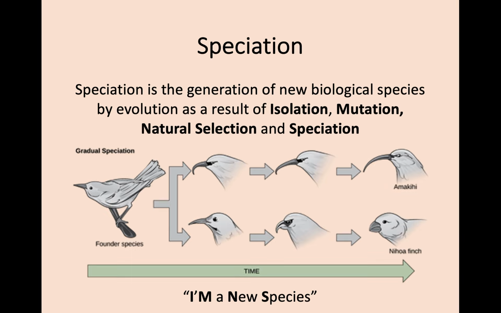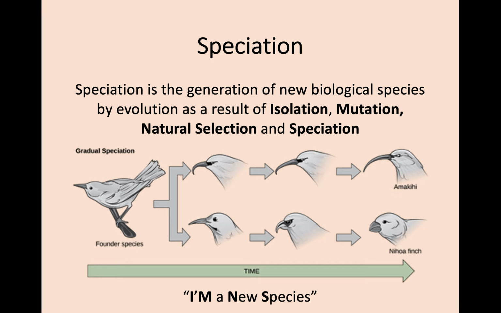Speciation is something you should hopefully remember from National 5 where we discussed it. As usual, we're going to go into a bit more detail this time, but if you don't remember it from National 5, it can be useful to brush up as well. Speciation is the generation of a new biological species, and this is through evolution as a result of the processes of isolation, mutation, natural selection, and speciation.